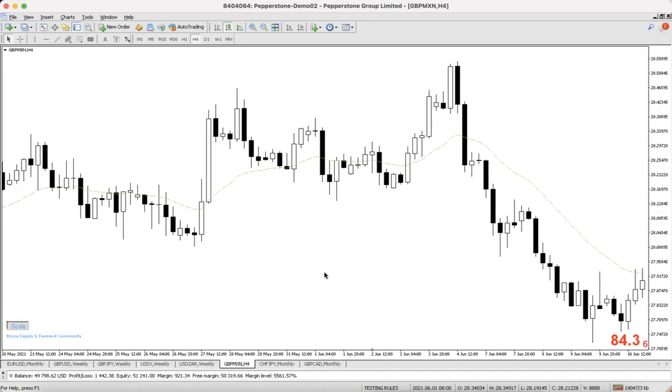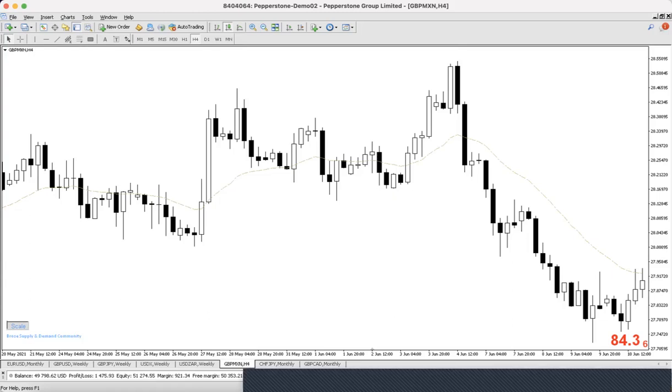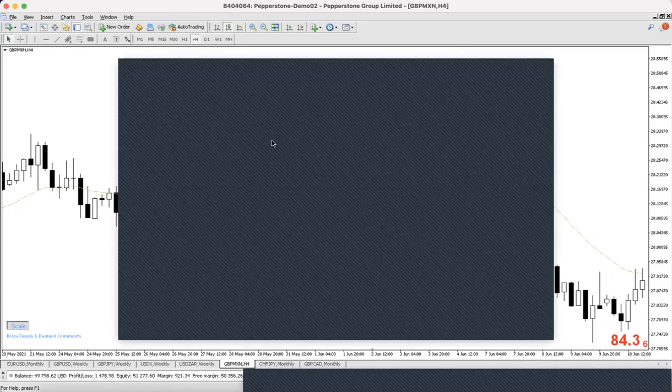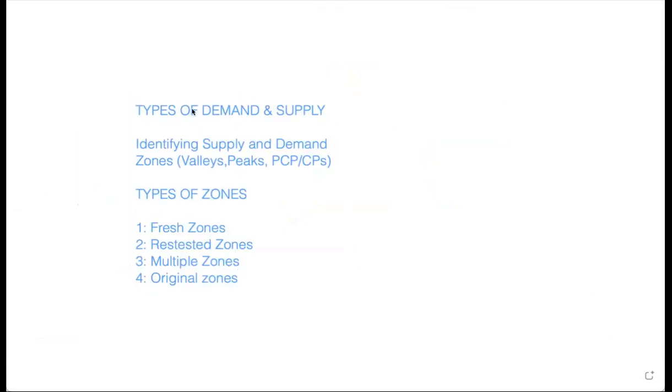So what did we learn today? Today we learned about types of demand and supply, which are valleys and peaks, CPs and PCPs, all right?